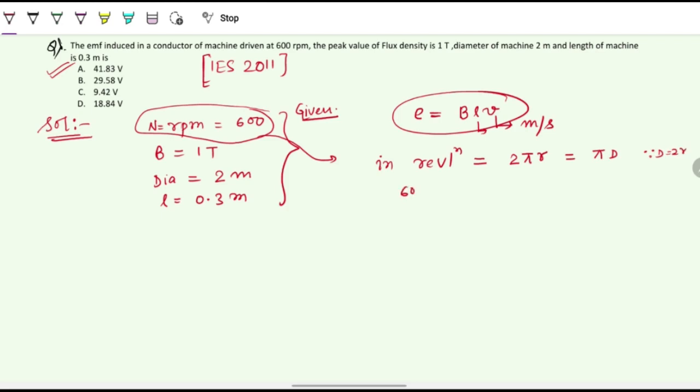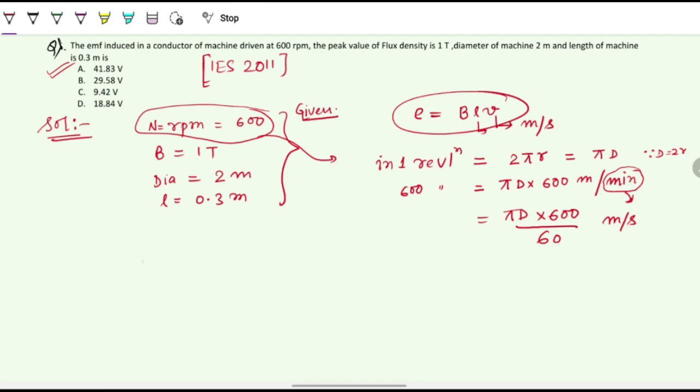So in 600 revolutions, in 1 minute, the machine will travel pi d multiplied by 600 meter per minute. Further, to convert minute into second, we'll have to divide this by 60. So we'll be getting this velocity in meter per second.